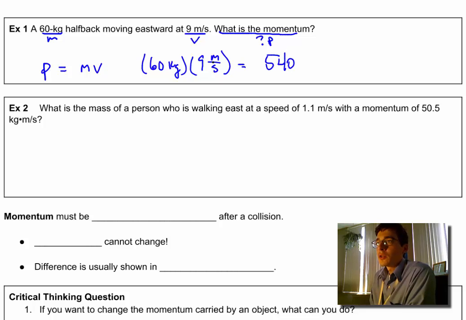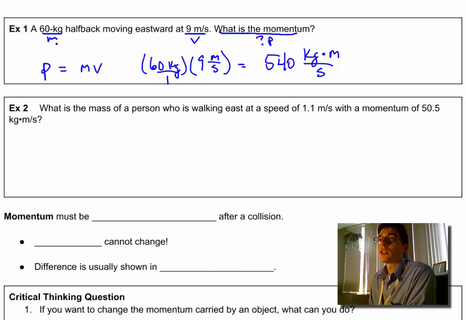There's your quantity. Kilograms, meters, and seconds do not cancel each other out. Kilograms is in the numerator because we can put this whole thing over 1. So we have kilogram meters, and that little dot just means they're multiplied together, per second. So this would be your final answer. This describes the momentum of that person.